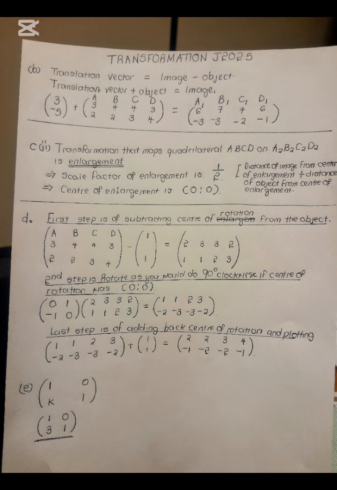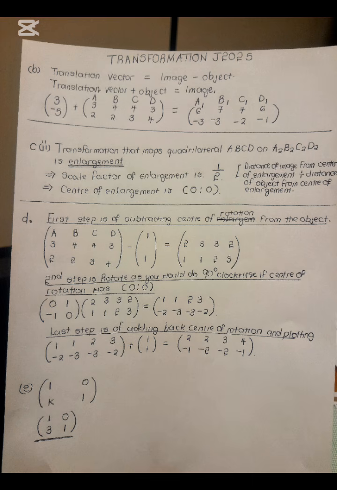And finally, write down a matrix representing a stretch parallel to the x-axis with a stretch factor of 3. So if the stretch is parallel to the x-axis, it means that the y-axis is the invariant line.